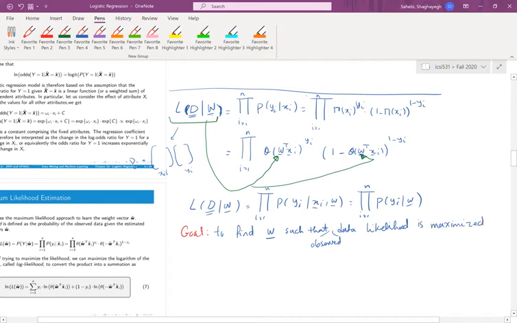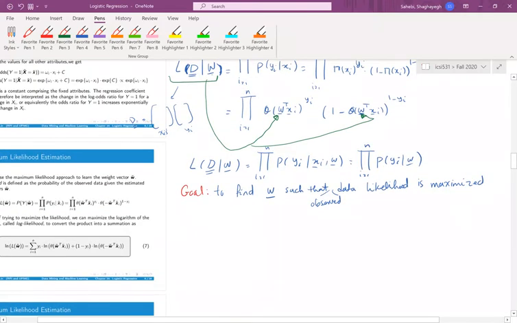So now I have an objective function. What I'm trying to do, if I translate it, is to find the W that maximizes L of D given W for me.